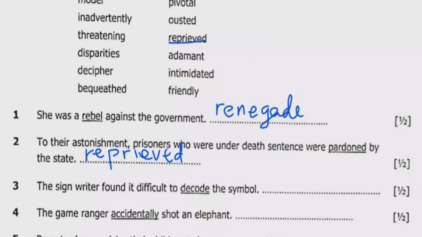We come to 3, which is, the sign writer found it difficult to decode the symbol. So what does the word decode mean? Among those words, decode means decipher. Let me just write it before I give the explanation.